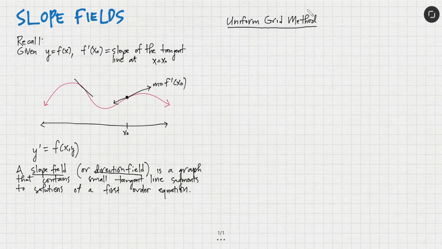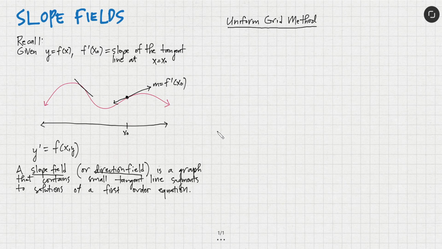Syempre hindi naman natin pwedeng i-sketch yung slope field over the entire Cartesian plane. We'll just work on a certain rectangular region. So, ang gagawin natin, gagawa tayo ng grid dun sa rectangular region na yun.